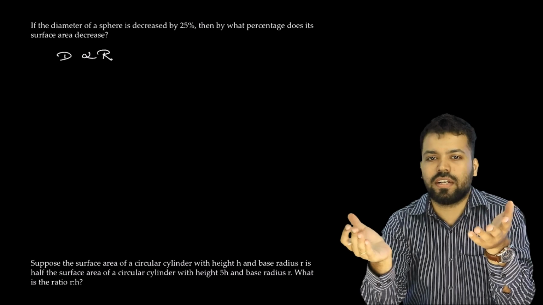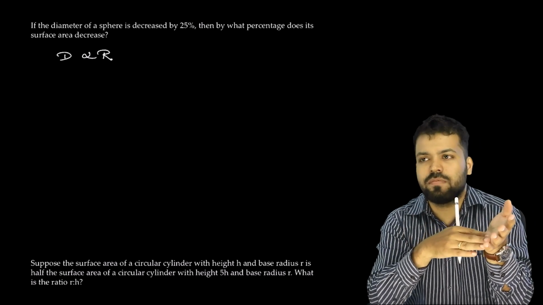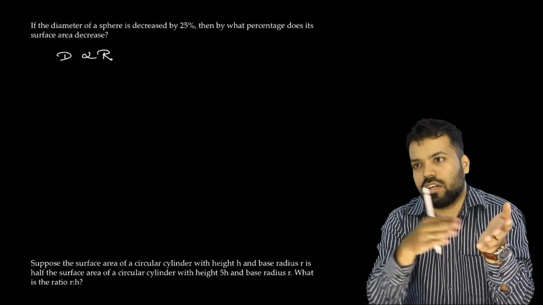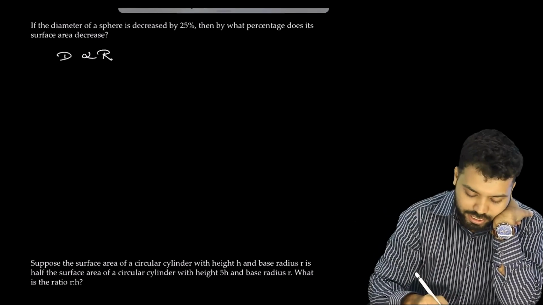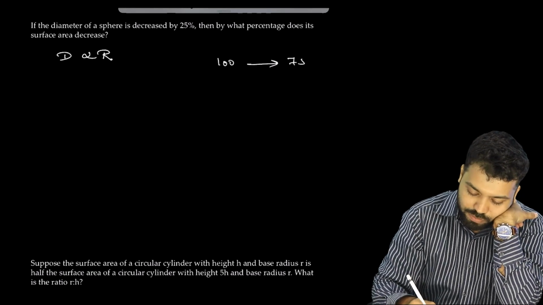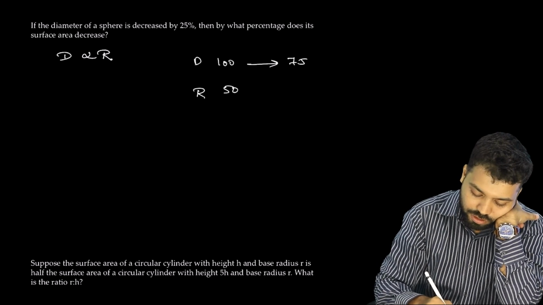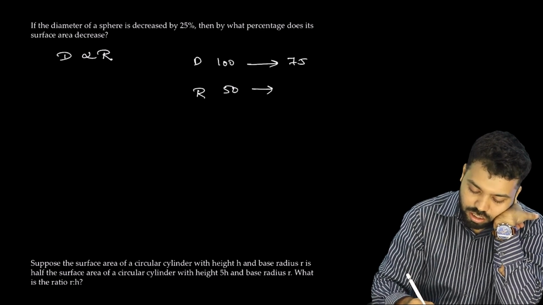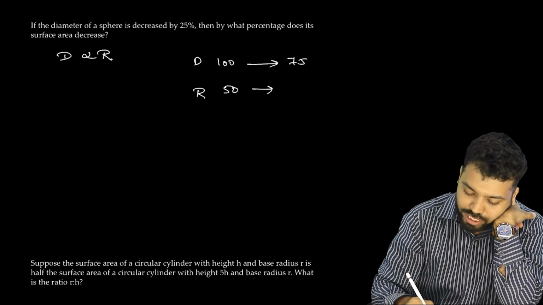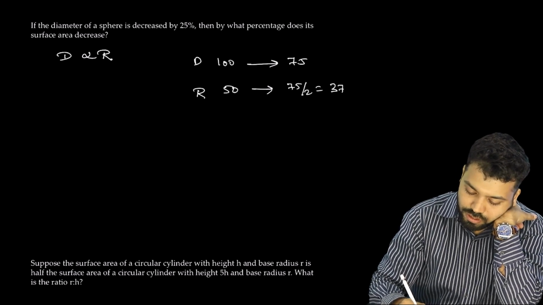For example, say the diameter was 100, it decreased by 25%, it became 75. If the diameter is 100, the radius will be 50. And the radius here is nothing but 75 by 2, which is 37.5.